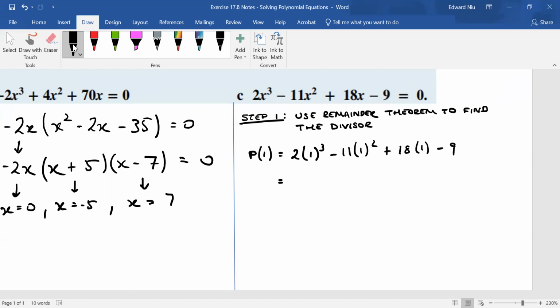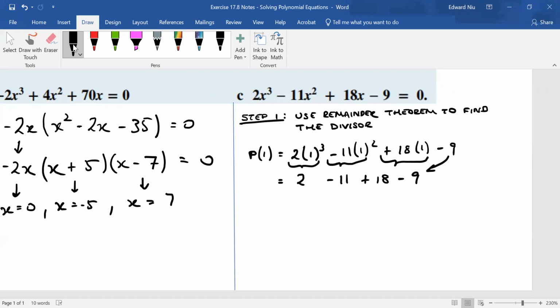So here we've got, well, 1 cubed is 1, so we've got 2. 1 squared is 1, so we've got negative 11. Here we've got plus 18. And then negative 9. So 2 take away 11 gets us negative 9.